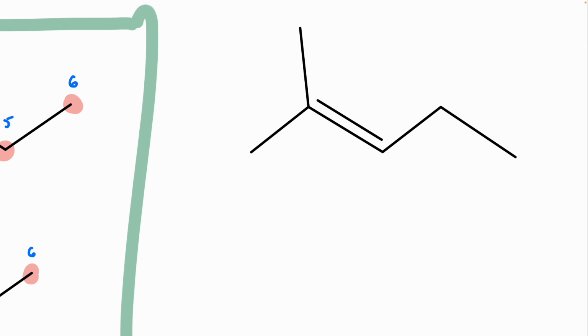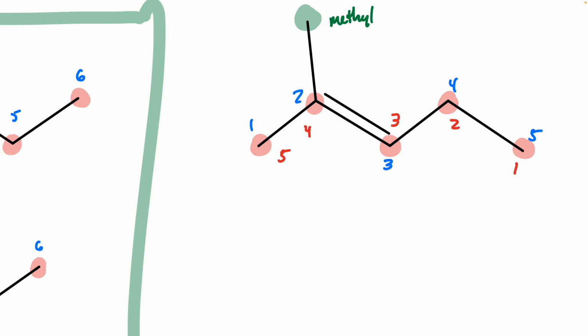All right, so let's do this one real quick. 1, 2, 3, 4, 5 carbons in that parent chain. And then I have this methyl group on top. I'm going to number my parent chain 1, 2, 3, 4, 5. Or 1, 2, 3, 4, 5. Which one of these numbering schemes am I going to pick?